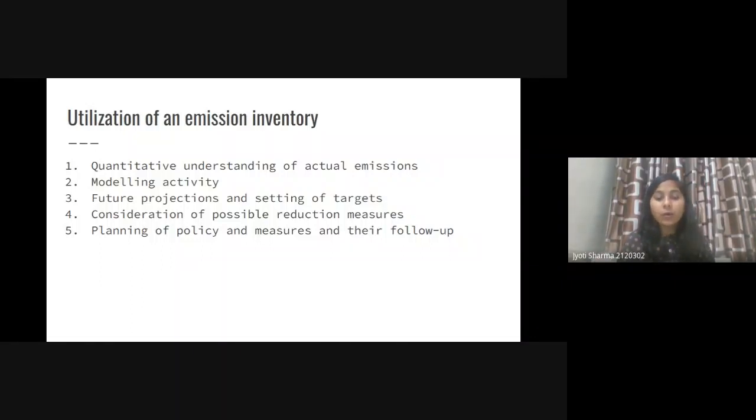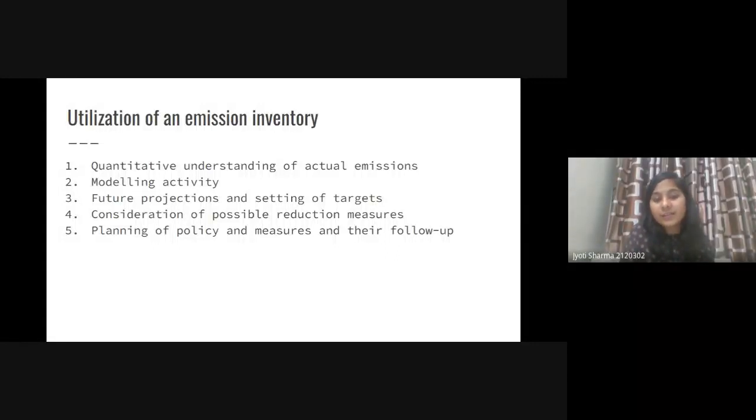You must know at what source, what type of pollutant you are getting and in what amount. Only then, based on some meteorological condition, based on some underlying equation, you can calculate the pollutant at some receptor level. Okay, so for any type of air modeling activity, you must have the emission for that grid. So this is very important to have the emission inventory for the air modeling part.